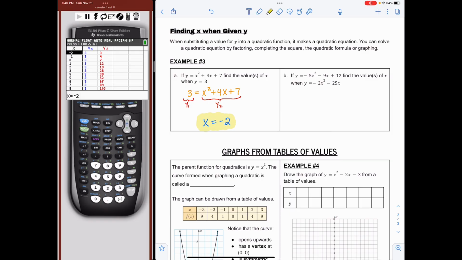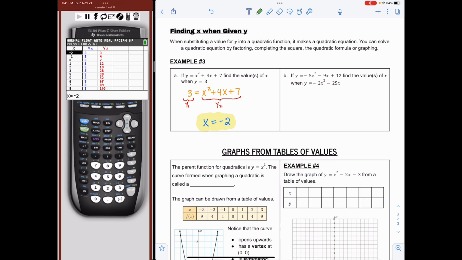All right. So now it says for part B, if y is equal to negative 5x squared minus 9x plus 12, find the value or values of x when y is equal to negative 2x squared minus 25x. So I have that y is equal to negative 2x squared minus 25x.